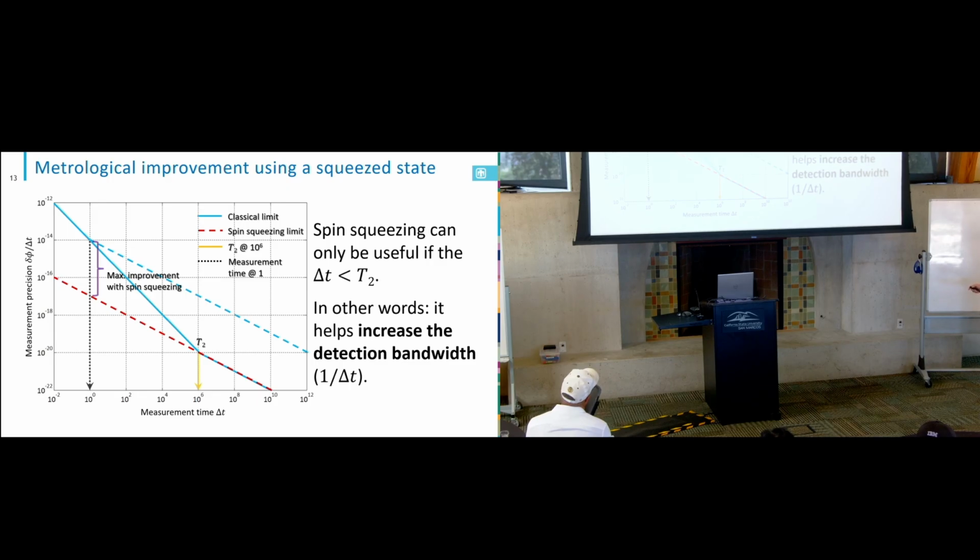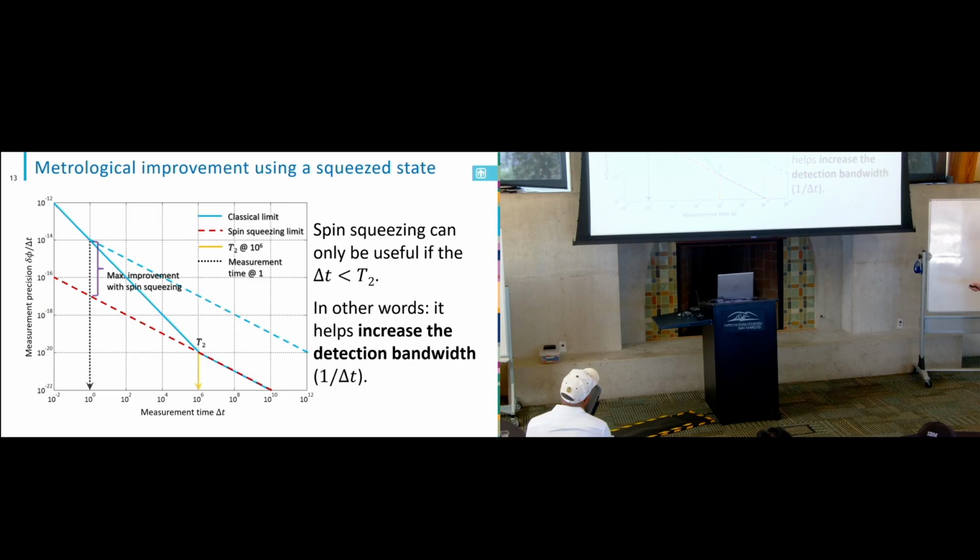And therefore, when we generate the maximum spin squeezed state, the effective decay rate also scales with the same number. And what it means is, if we try to measure the signal beyond the longest coherence time, we cannot actually effectively produce the spin squeezed state because it quickly gets destroyed.